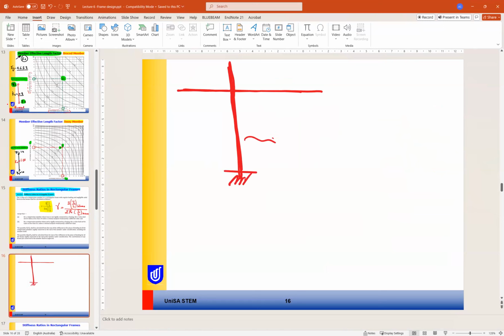We are calculating for this column. So the column is connected to beam 1 from right, beam 2 from left, and we have also column 1 here and column 2 here. This is a general or generic case.